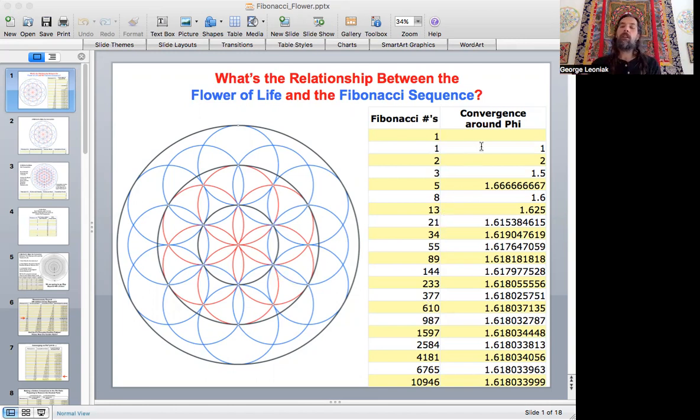The interesting thing about this is that when we divide the numbers, the larger one by the smaller one, it continually gets closer and closer to the golden ratio, which is 1.618033, and then it continues on with the numbers after that.